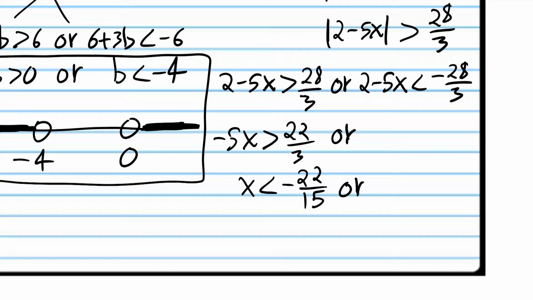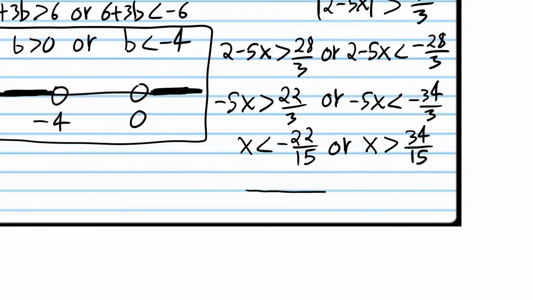Over here, we're going to subtract 2. And we get negative 34 over 3. Divide both sides by a negative 5. We have to flip the inequality, and we get positive 34 over 15. So now we're going to write the graphical solution.